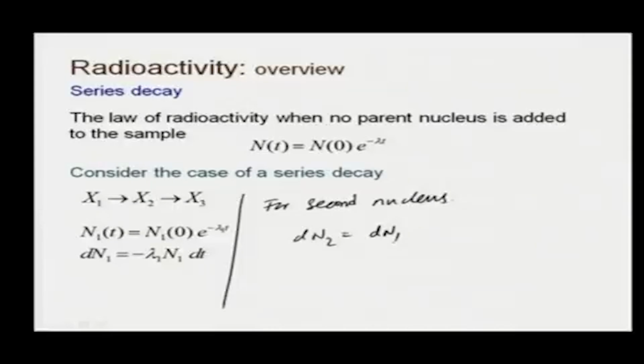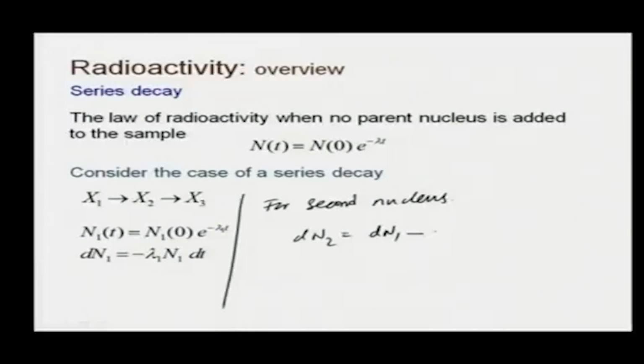So, dN1, which is the number of x1 nuclei decayed in dt time, is also equal to the number of x2 nuclei present in that sample if x2 is stable.